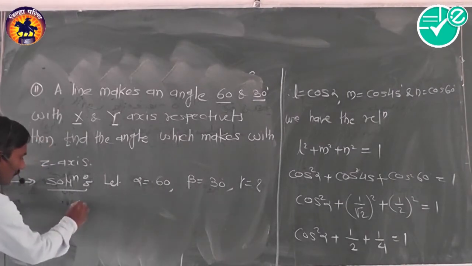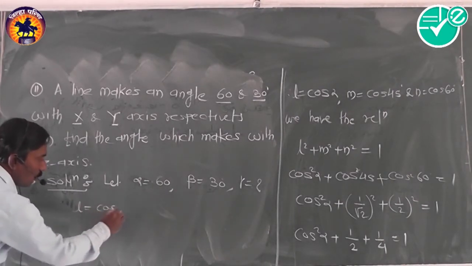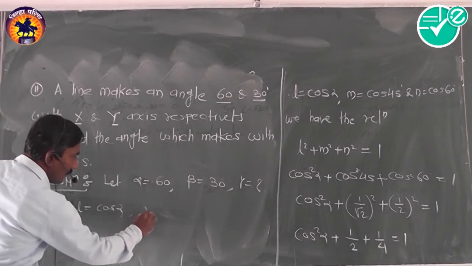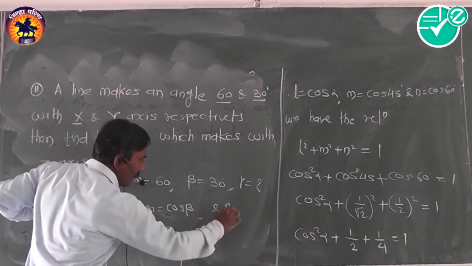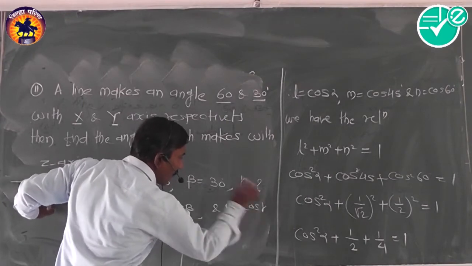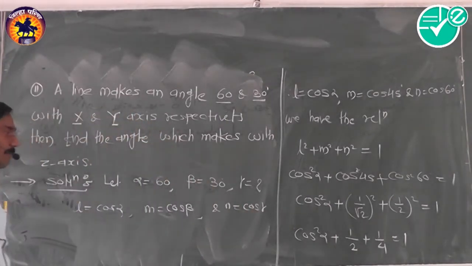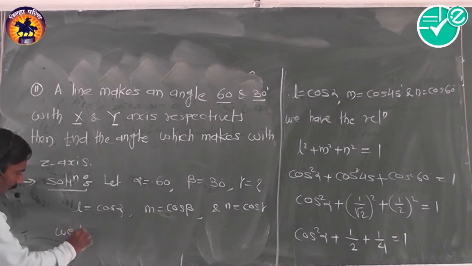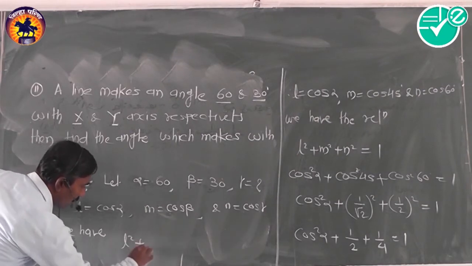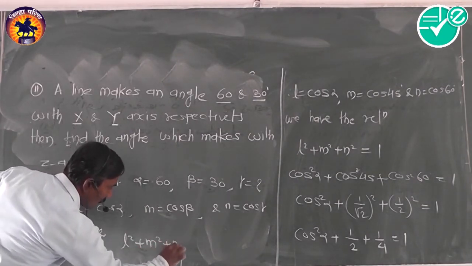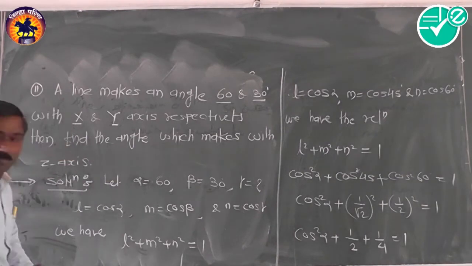So here l is equal to cos alpha, m is equal to cos beta, and n is equal to cos gamma. Therefore we have l square plus m square plus n square is equal to 1.